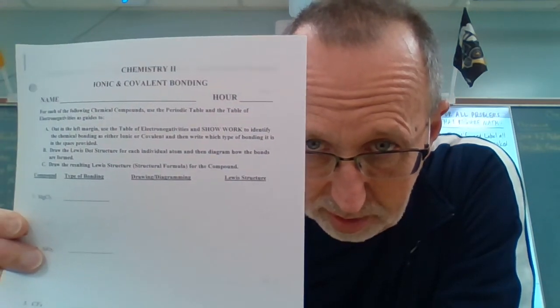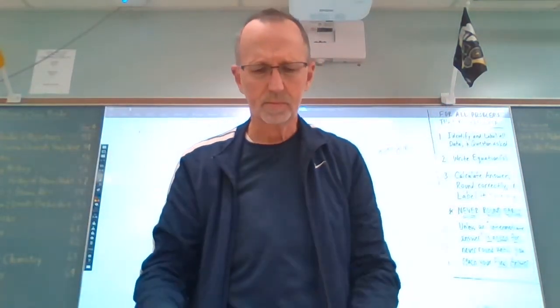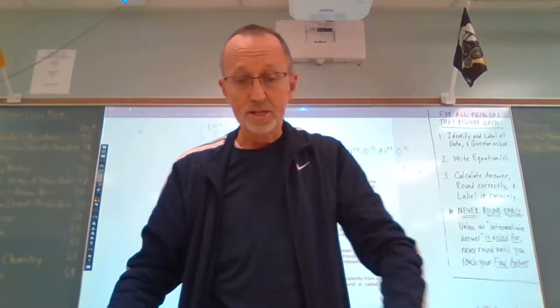So we covered ionic bonding today, all right? So as you can see, let's look at the instructions together. For each of the following compounds, use the periodic table and the table of electronegativities as a guide. Out in the left margin, use the table of electronegativities and show work to identify the bonding as either ionic or covalent. Then write which type it is in the space provided.